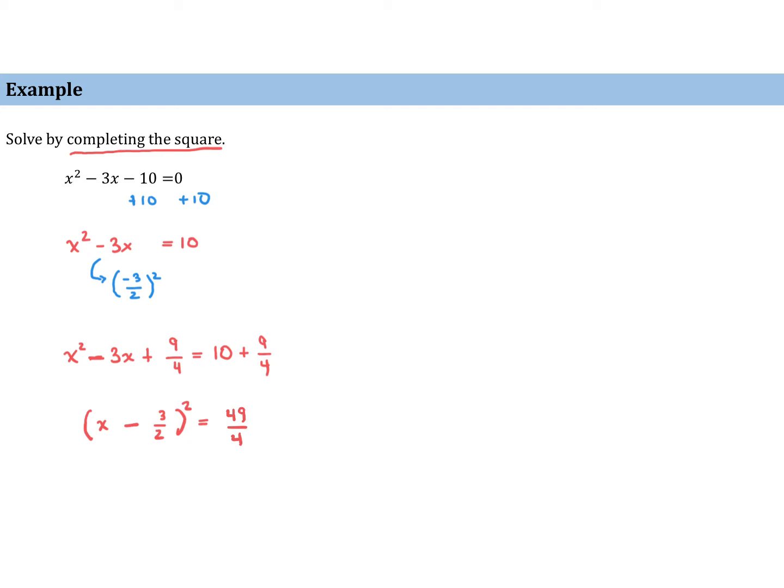Now we apply the square root principle. X minus 3 halves will equal positive or negative square root of 49 fourths. So we have x minus 3 halves equals positive or negative 7 halves. Add 3 halves to both sides.